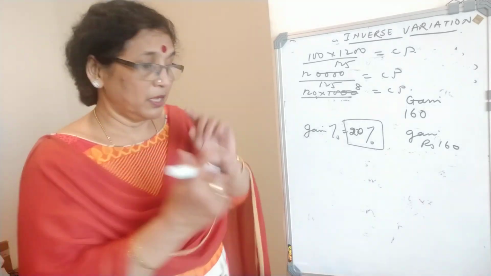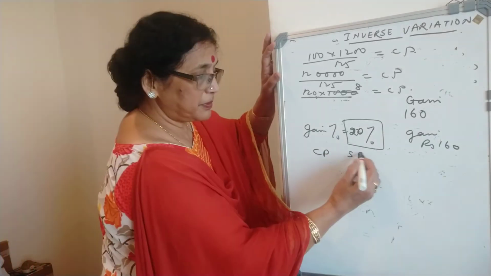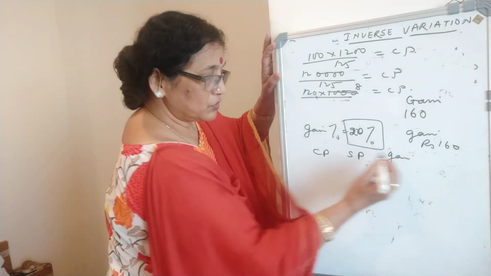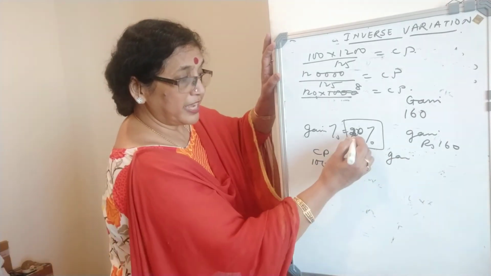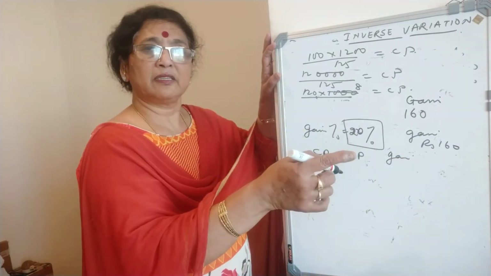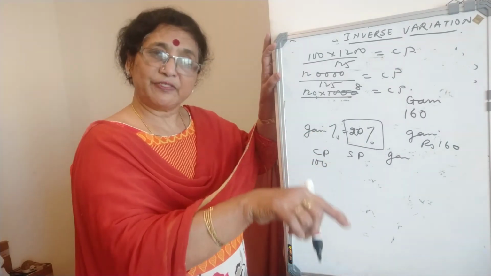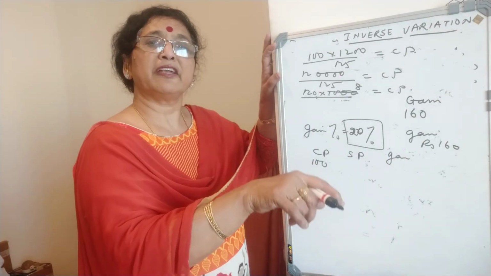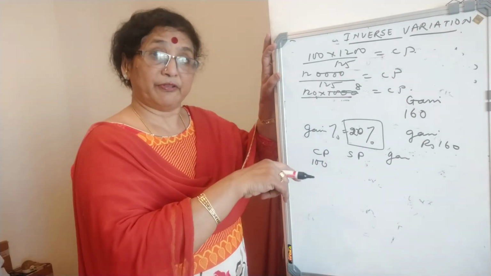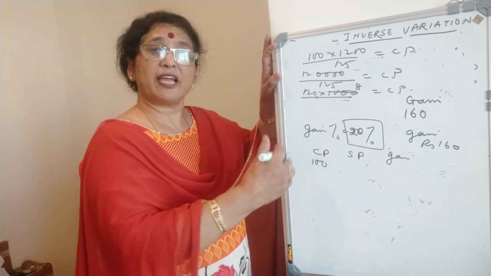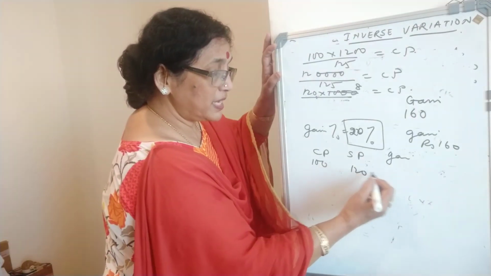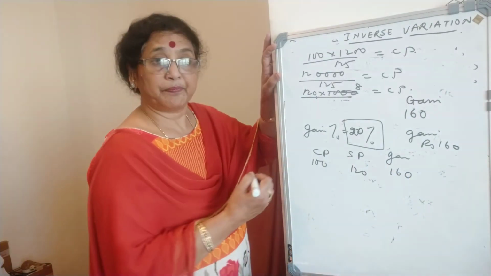CP, not SP. So CP, SP, gain. CP is 100. If it's a loss of 15%, selling price will be 85. Gain is 15%, selling price will be 115 if CP is 100, right? Loss you subtract and gain you add. So it's 120 and gain is 20.